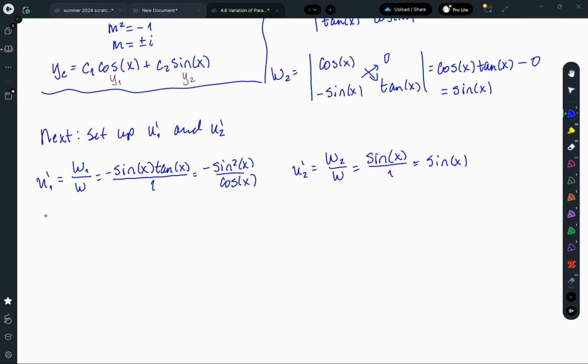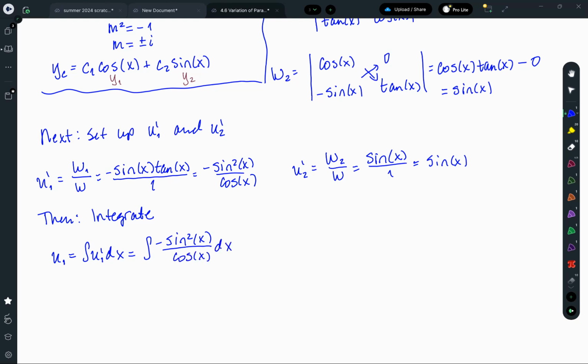Okay. Next, we're going to integrate. So u1 is going to be the integral of u1 prime dx. So I go ahead and plug things in. I have a minus sine squared of x over the cosine of x dx.